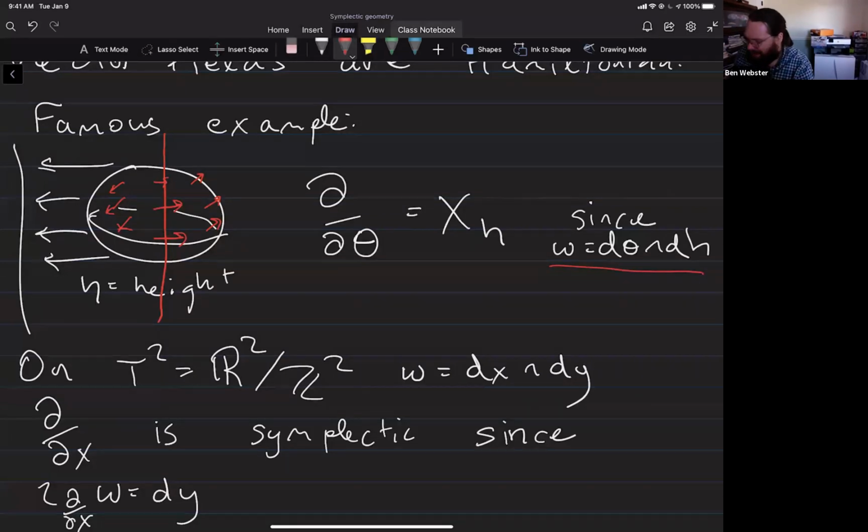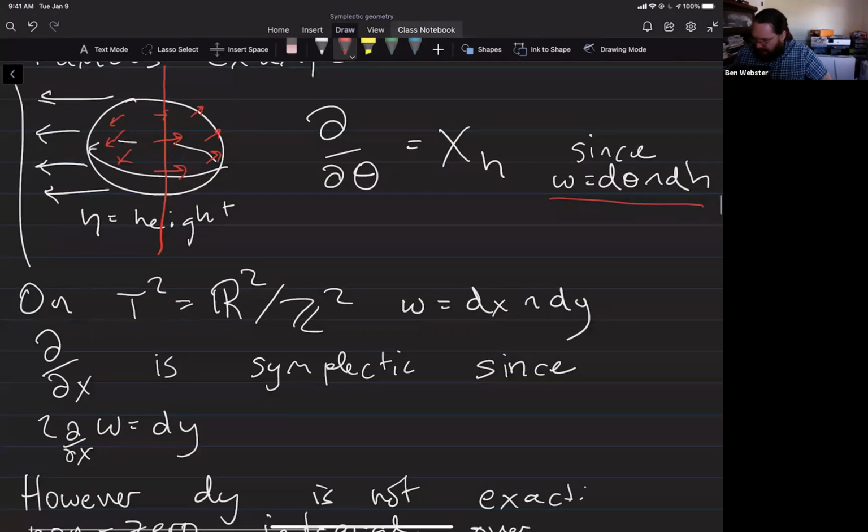I'm sure we'll see one of those eventually. Might be a little while, but if you can imagine such a physical system with the height being the energy, this is telling you you'll rotate at the same speed. Your time evolution will just be rotating the sphere with constant speed.